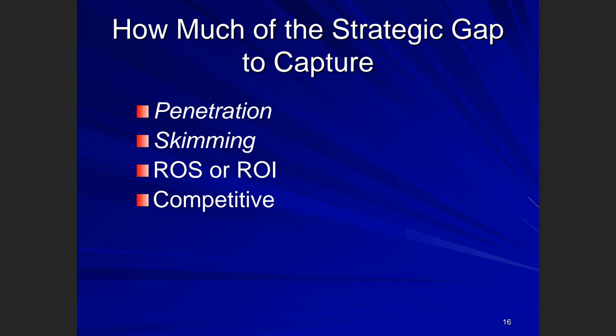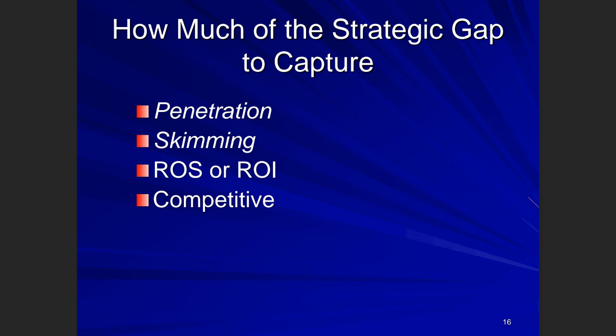We can also think about using some marketing metrics such as ROS, return on sales, or ROI. So we can think about that too. Problem with that is that, like I said before, it tends to ignore the consumer, and importantly, it ignores those critically important psychological aspects of pricing.